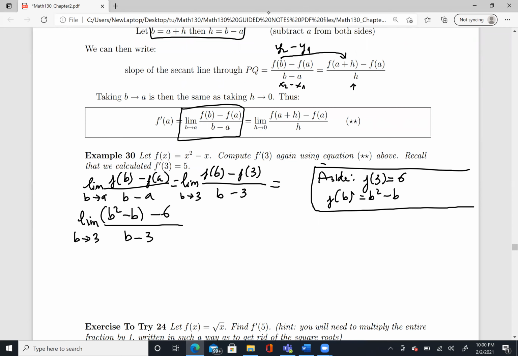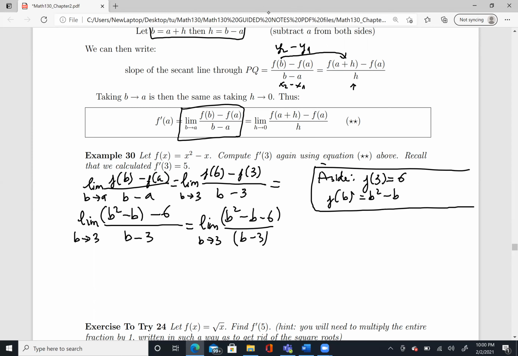So in this case, you have the limit as b goes to 3 of b squared minus b minus 6 over b minus 3. You can see that on the top now, it is a quadratic. And if you think about direct substitution, I don't think you can do direct substitution now, because if you do it, then the bottom becomes 0.